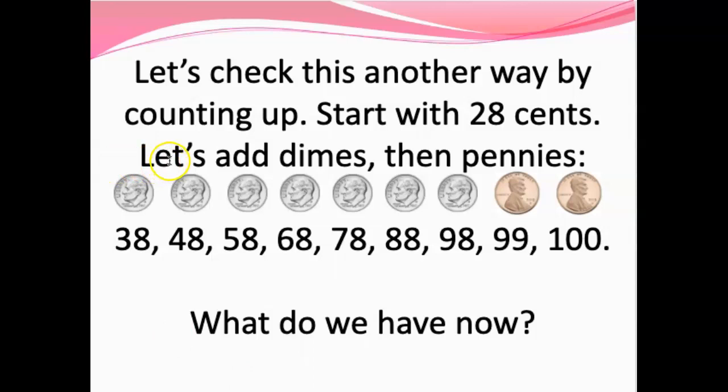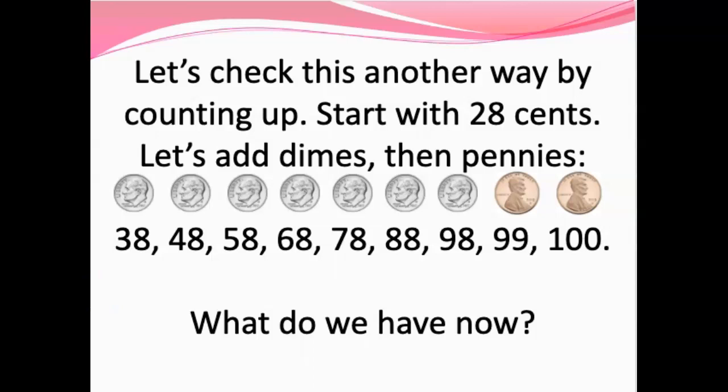Now let's check this another way by counting up. Start with your 28 cents, and this time let's add dimes and pennies, no quarters. So 28, 38, 48, 58, 68, 78, 88, 98, now let's add our pennies, 99, 100.